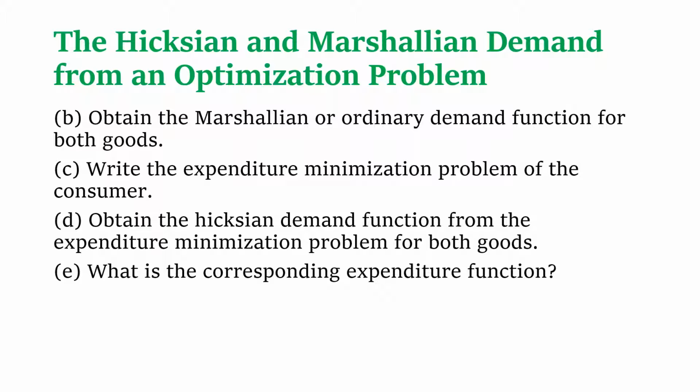That gives us the Marshallian demand function. Then you are also going to write the expenditure minimization problem of the consumer, and then obtain the Hicksian demand function from the expenditure minimization problem for both goods. So then what is the corresponding expenditure function? So now let's continue here.